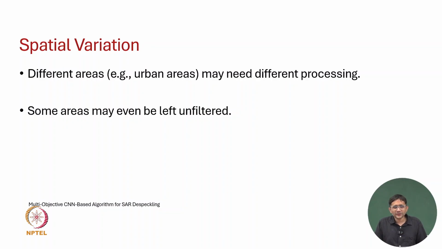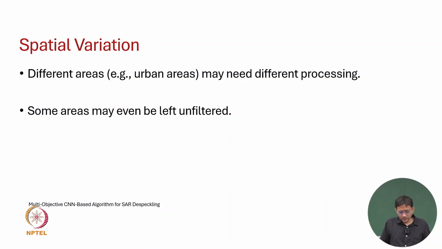In fact, you may even like to leave some areas unfiltered in the despeckling. So this specific property of spatial variation has also been considered by several works, including the one that has been provided in the footnote again.